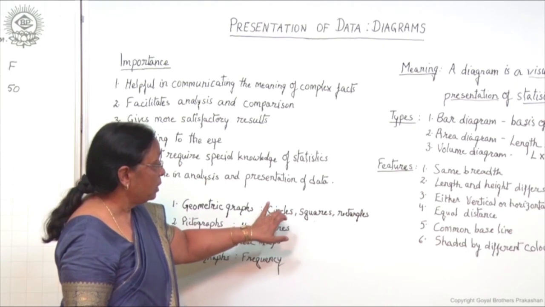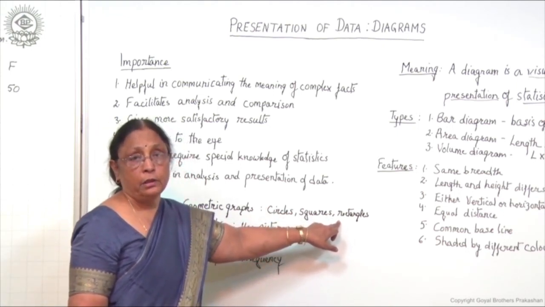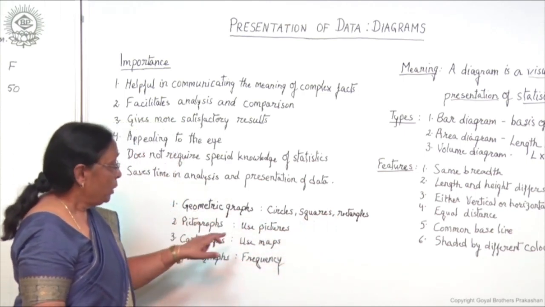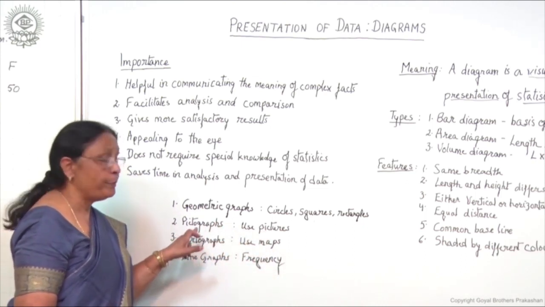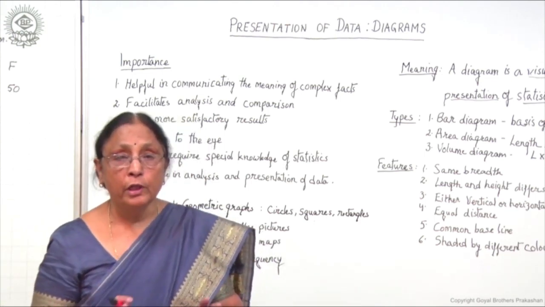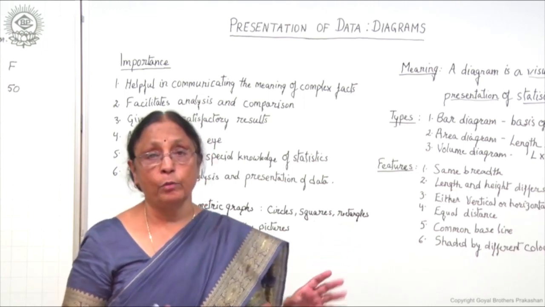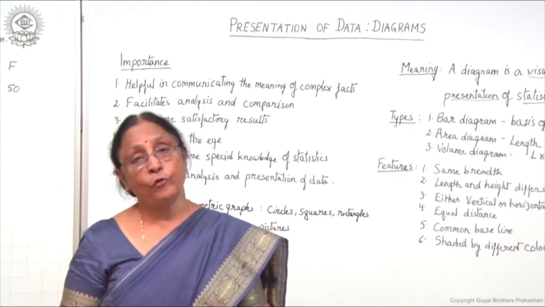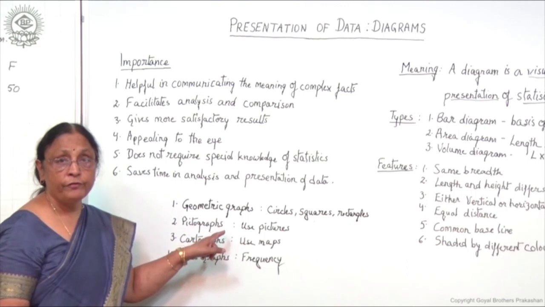So, when circles, squares and rectangles are used to show the data, this is known as a geometric graph, right. When pictures are used to show the data, that is known as pictograph. That means numerical data is shown with the help of pictures, not in the form of a bar diagram, multiple bar diagram or pie chart.